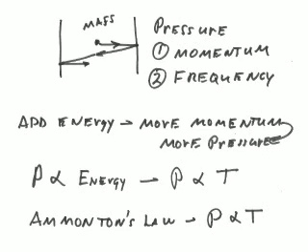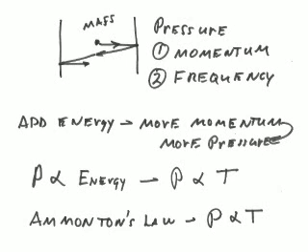So the more frequently that the particle hits the wall, the more pressure the wall will feel. And so the pressure of the wall depends on the momentum of the particle and the frequency with which it hits the wall. If we do something that changes either of those, we're going to change the amount of pressure the wall feels.